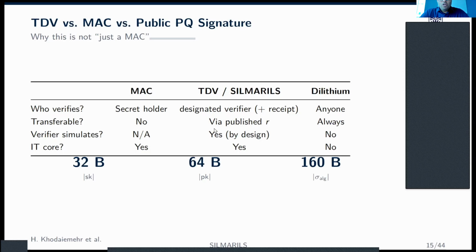In the TDV scheme, you can transfer your verification capability by publishing the receipt R. The public key schemes are publicly verifiable and totally transferable. There is also another feature, verifier simulatability, that MACs cannot provide, TDV provides, and Dilithium cannot provide. The use of the information-theoretic core is common to the MAC and TDV, but the public schemes use a different language. These are the main differences between TDV, MACs, and public PQ signatures.